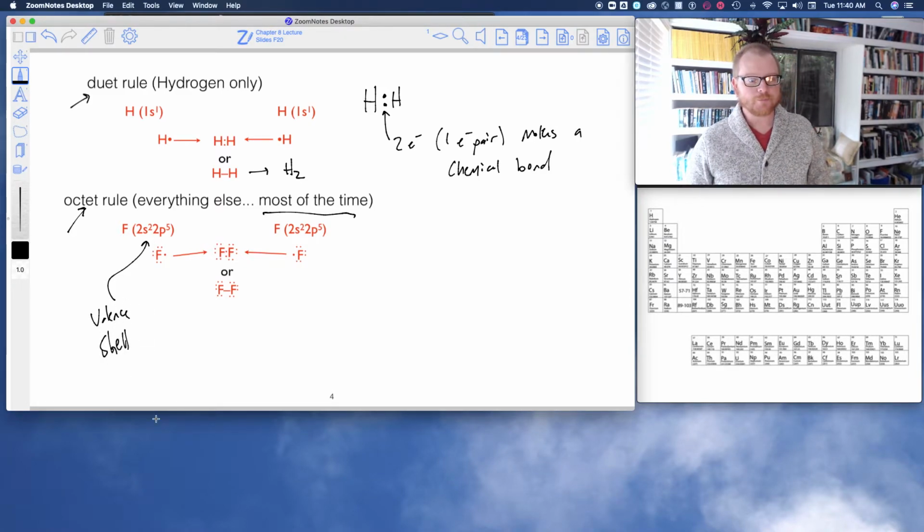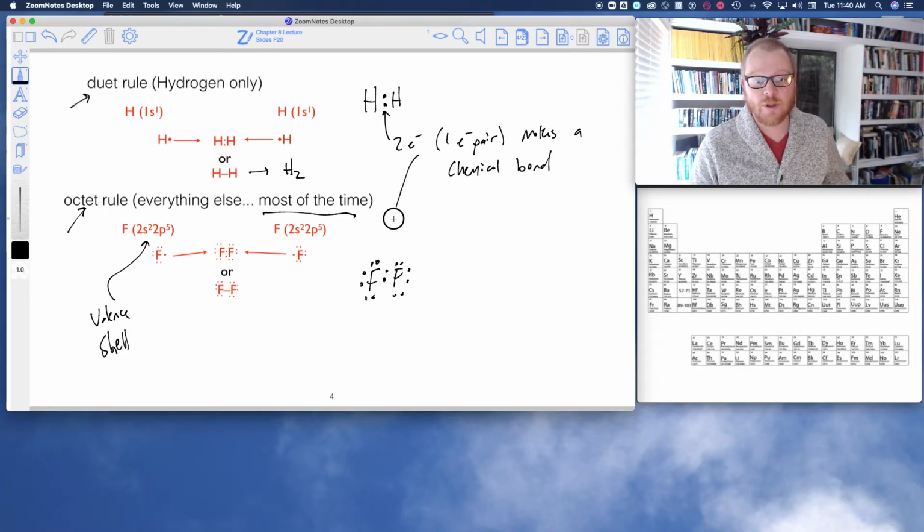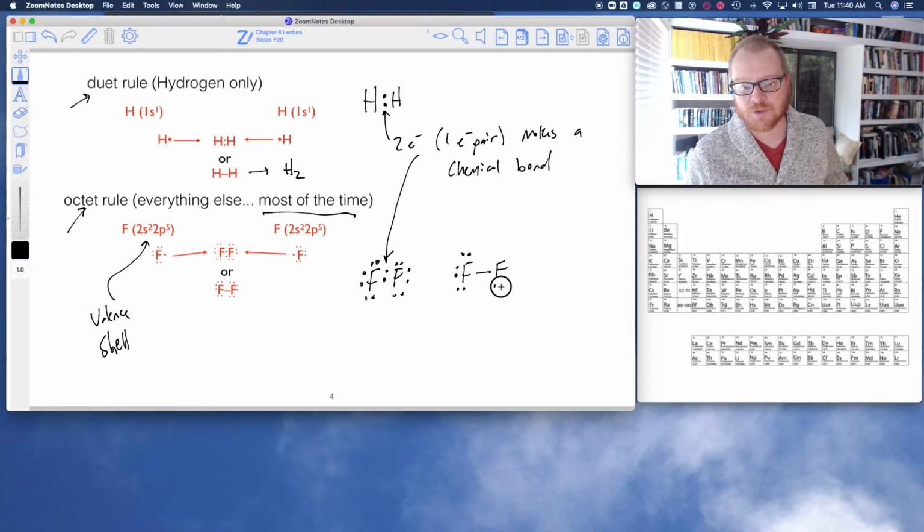Now when I have these fluorines, each having 7, and I pair one up with another fluorine, once again 2 electrons pair up to make a chemical bond. We draw this as one F bonded to another F, but we can't forget about the other surrounding electrons.